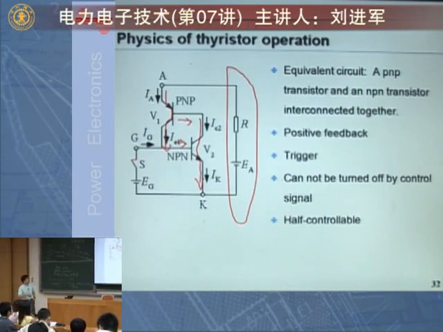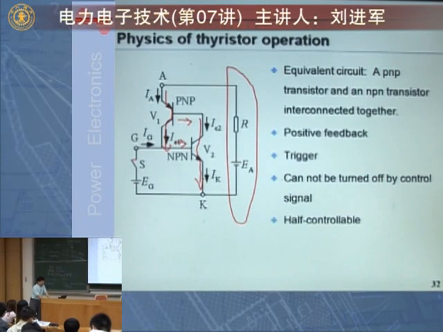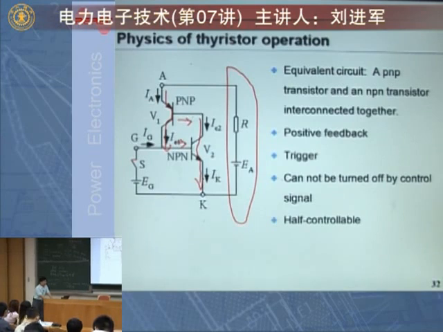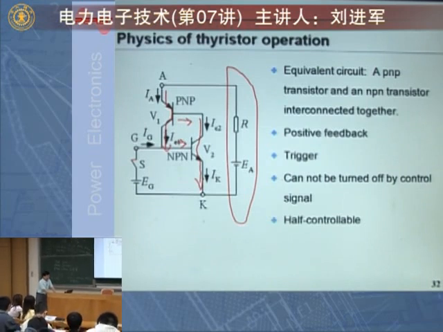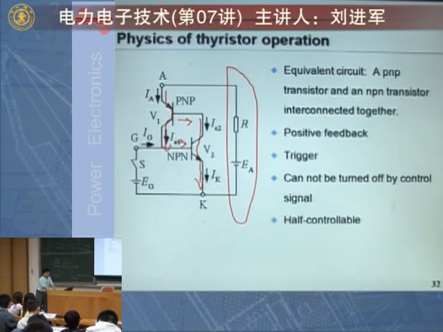And therefore, the current flowing through here is even larger, and therefore the base current for V1 is getting even larger, and therefore the emitter and the collector current for V1 is getting even larger. And that even larger collector and emitter current for V1 will be introduced into an even larger base current for V2.